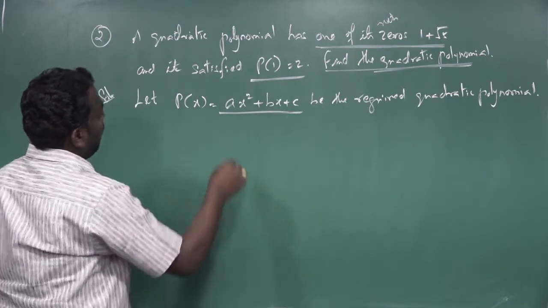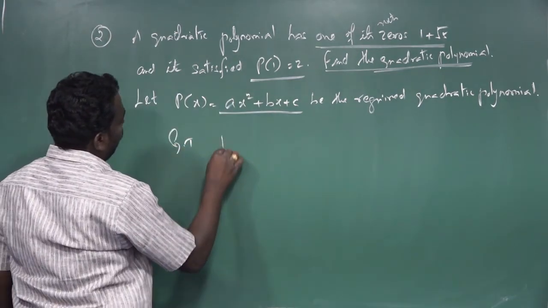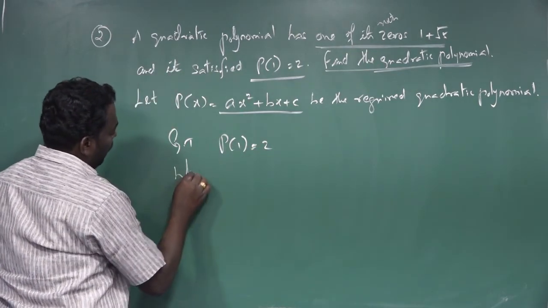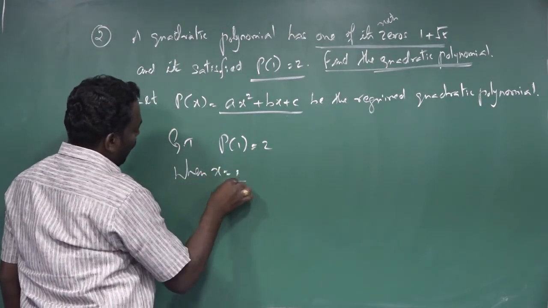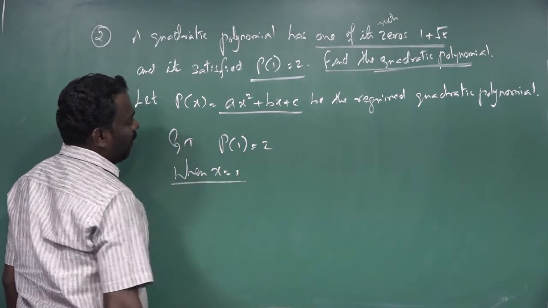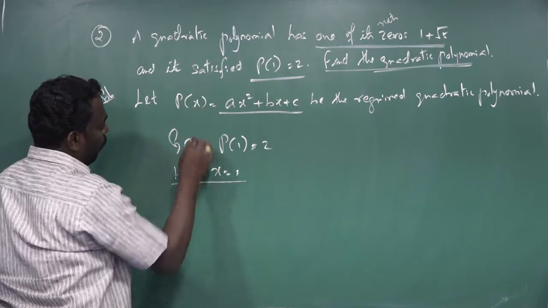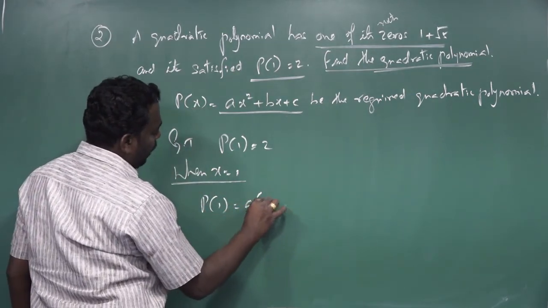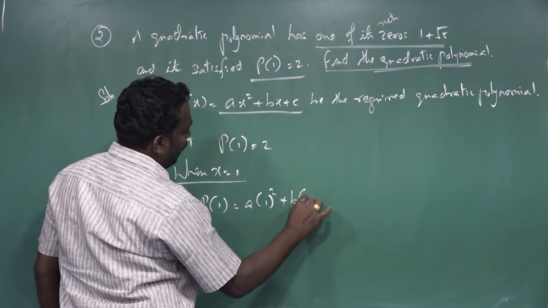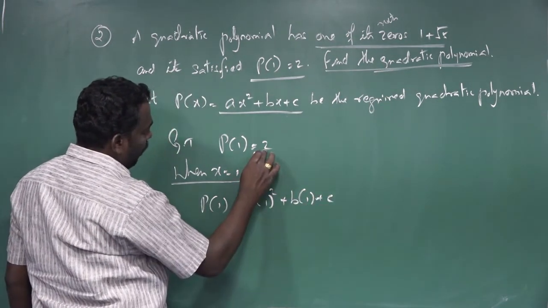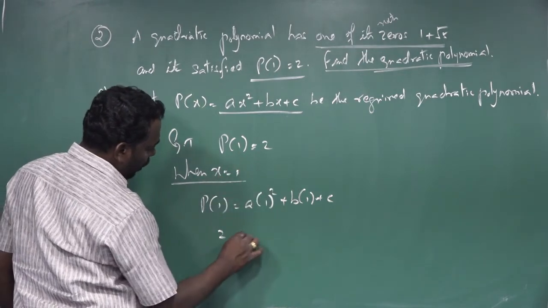Now, as given, P of 1 equal to 2. That is, when x equals 1, the corresponding polynomial value is 2, by applying the remainder theorem. Therefore put x equal to 1: P of 1 equals a into 1 square plus b into 1 plus c.